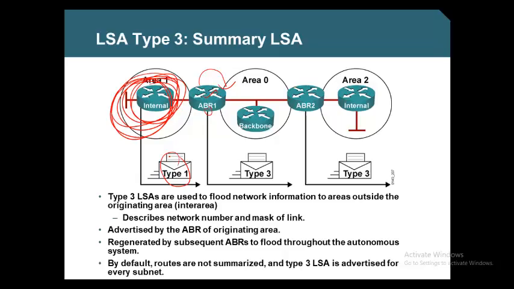We learned that type 1 is not allowed to go, and type 2 is not allowed to go to another area. Then how can one area's route be learned by another area? Through this type 3. Type 3 LSAs are used to flood the network information to areas outside the originating area.